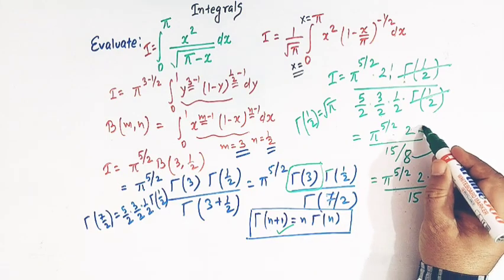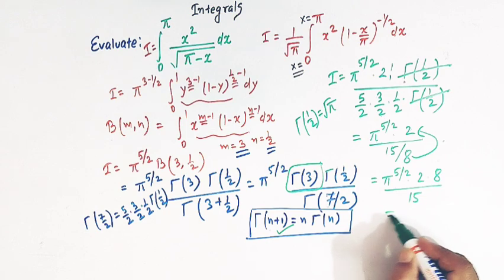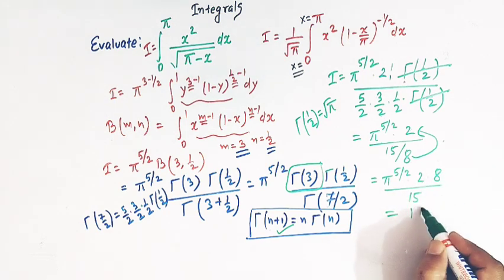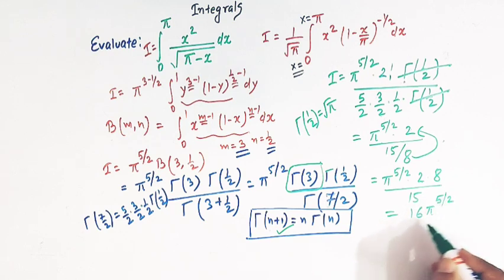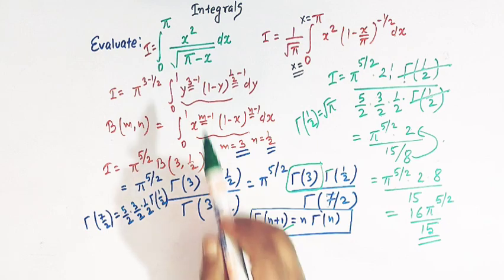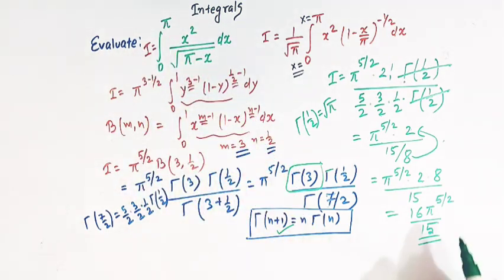So taking this 8 to the numerator, we have 2 8s are 16. So we have 16 times pi raised to 5 by 2 divided by 15, right? So the value of this integral is equal to 16 over 15 times pi raised to 5 by 2.